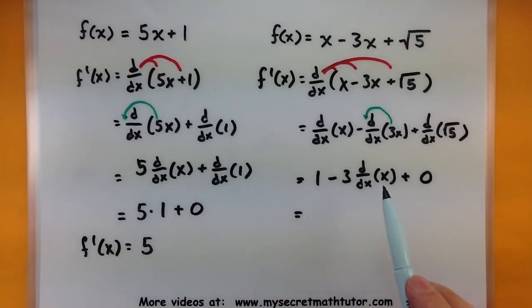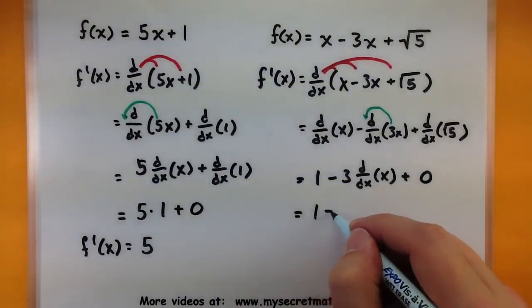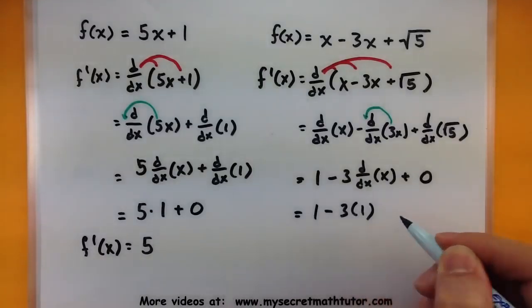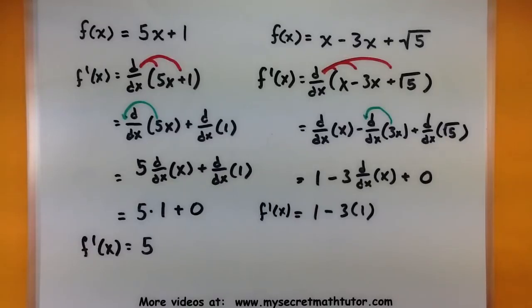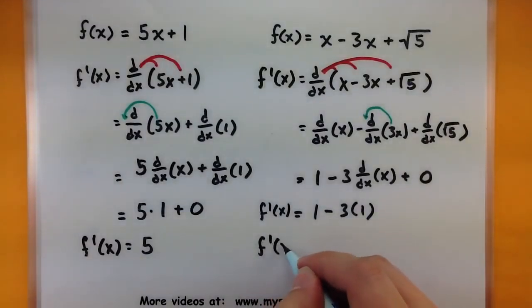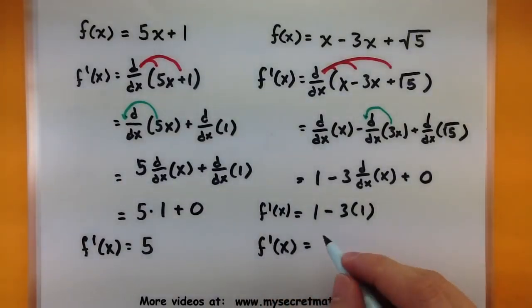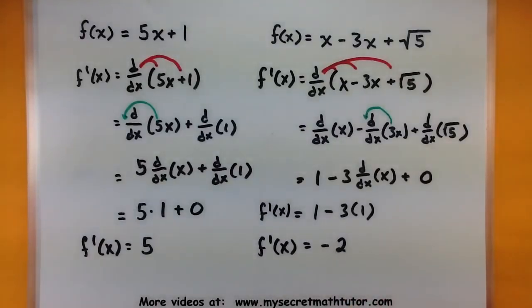Okay, so now this is the last derivative I have to do, and of course the derivative of x is 1. All right, so what do we really have left? So the derivative of f is 1 minus 3, or a negative 2.